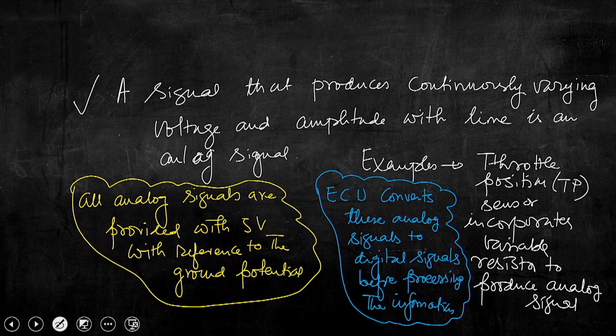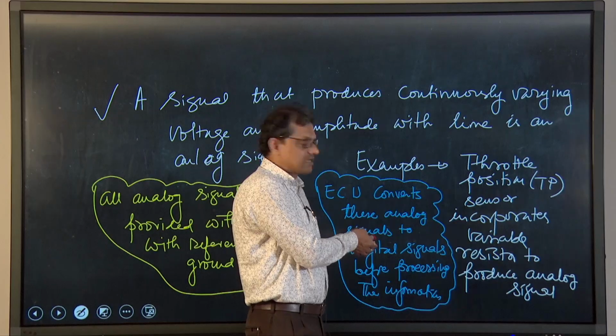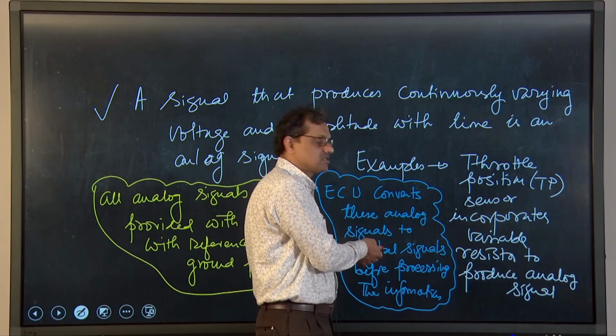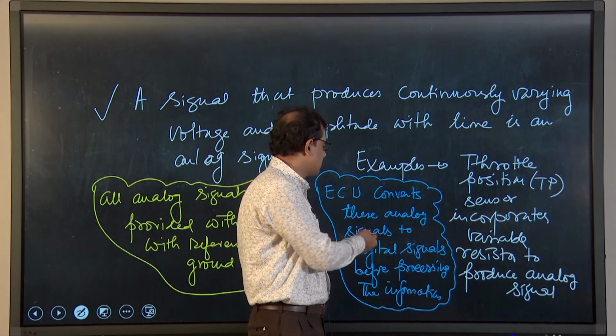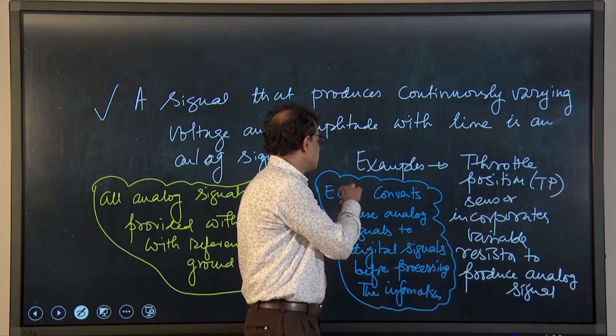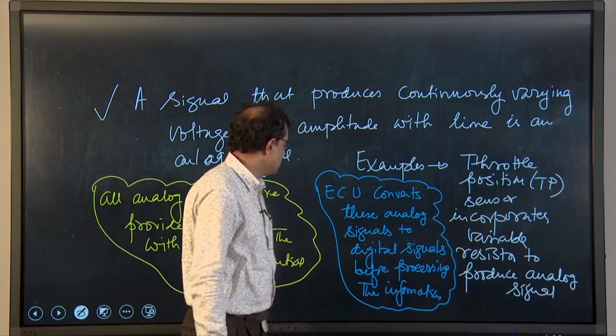But before the ECU provides some information to the actuators, the ECU needs to convert this analog signal to the digital one.